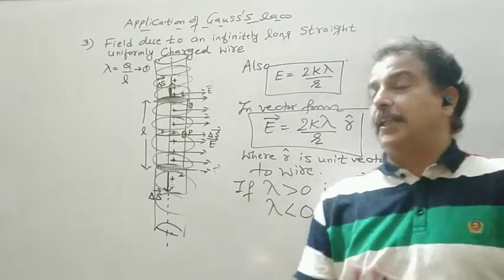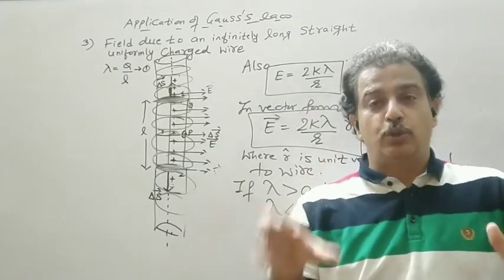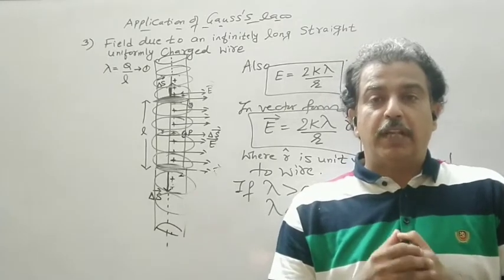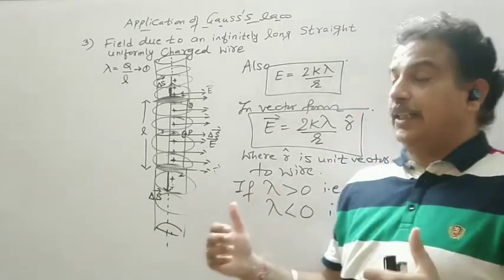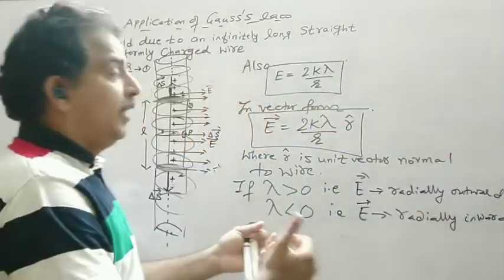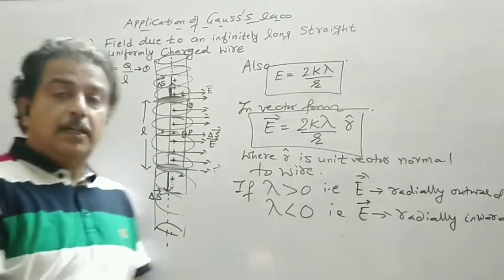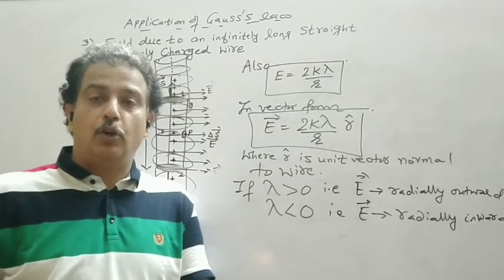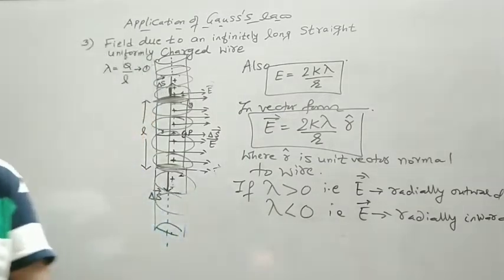There is another application where your source is a solid sphere. Solid sphere means we have a volume charge density. So that we will see in our next lecture, which will be an extra 4th application of the Gauss law.